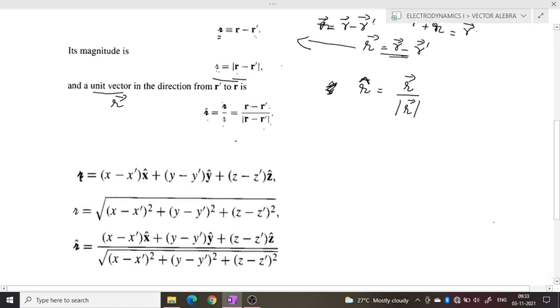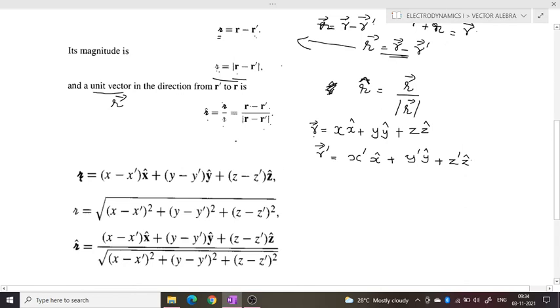Now what is this vector r? The position vector of the field point is nothing but x x-hat plus y y-hat plus z z-hat. And the vector r dash is equal to x dash x-hat plus y dash y-hat plus z dash z-hat.